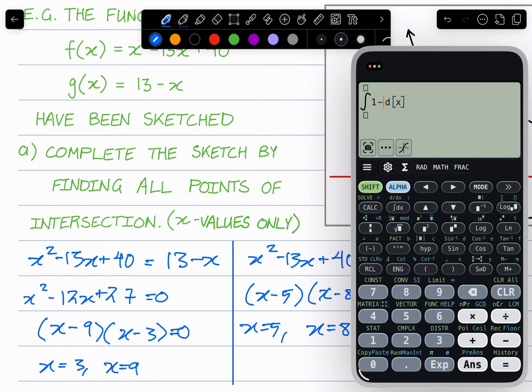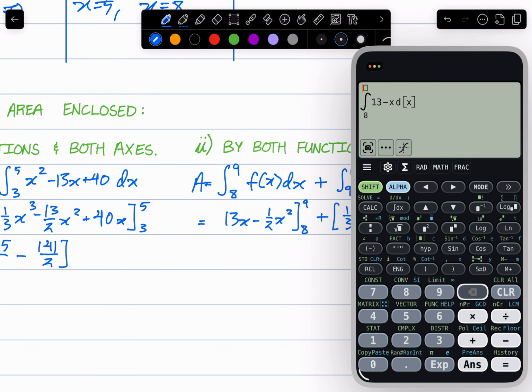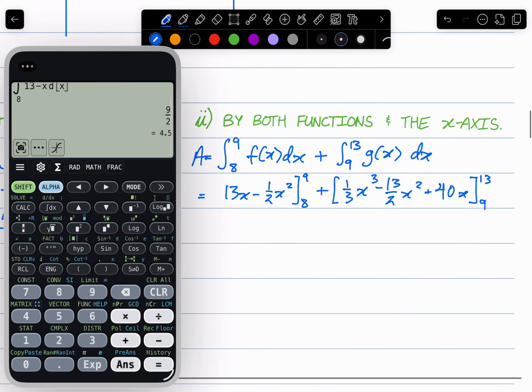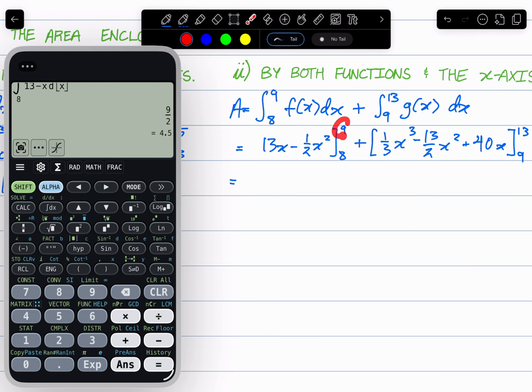So 13 minus x, minus x from 8 till 9 gives us 4.5 or 9 on 2. So remember, just showing you now, it's just substitute 9, substitute 8, and take the difference.